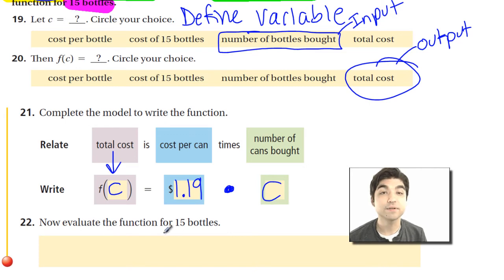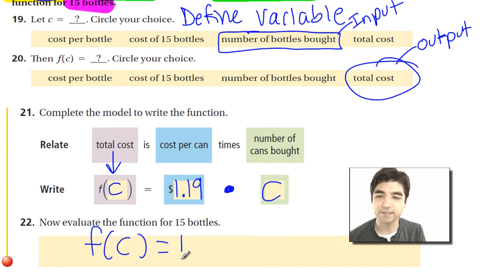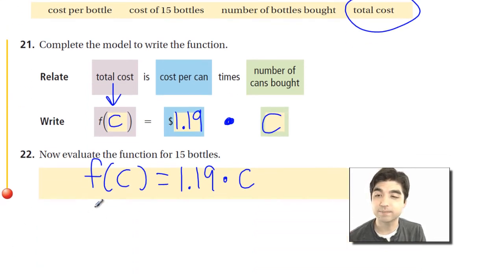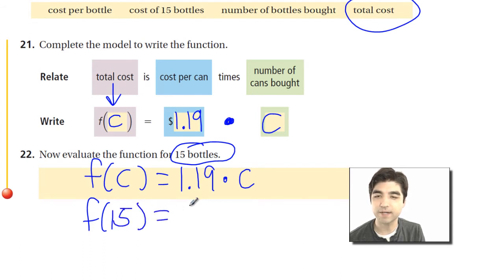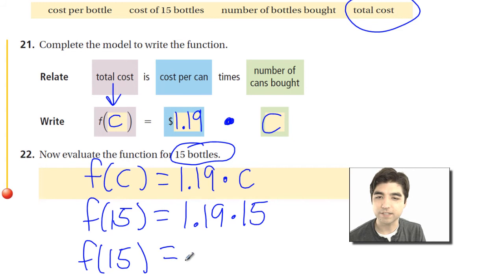Now they want us to evaluate the function for 15 bottles. So we have f of c equals $1.19 times c. And instead of c, we're going to put 15, because we're wondering, what will be the cost if we buy 15 of them? So we got $1.19 times 15. That's going to equal, I actually don't know how much that is.